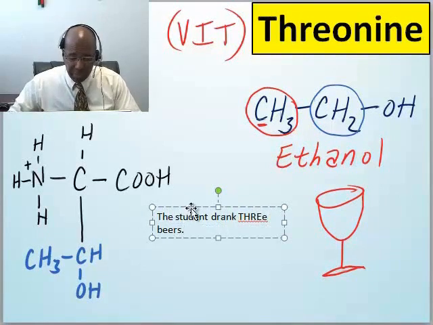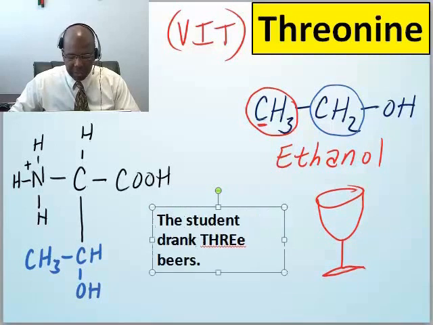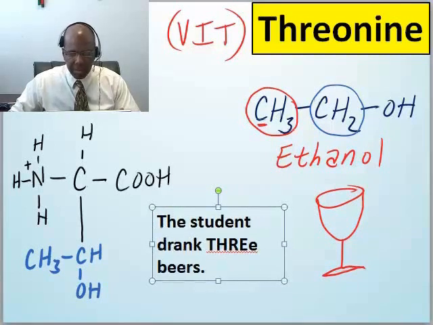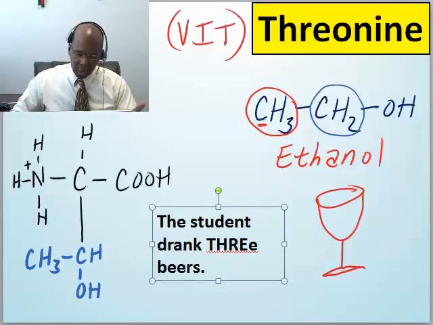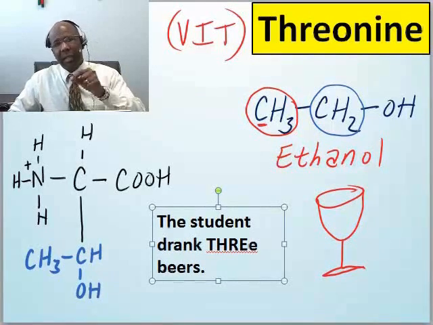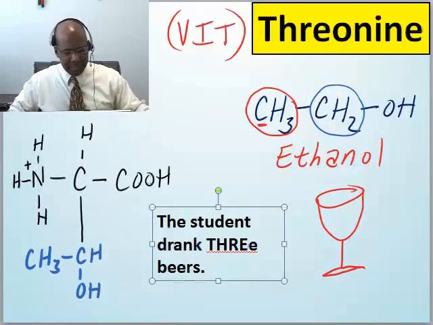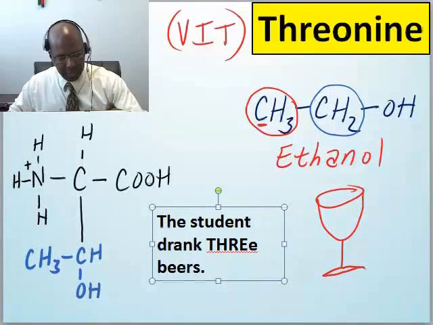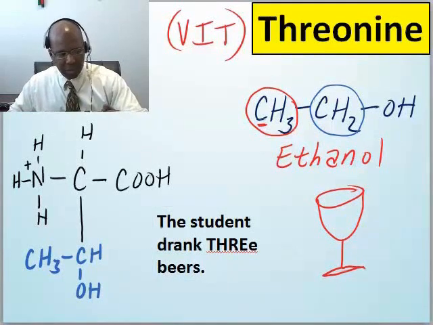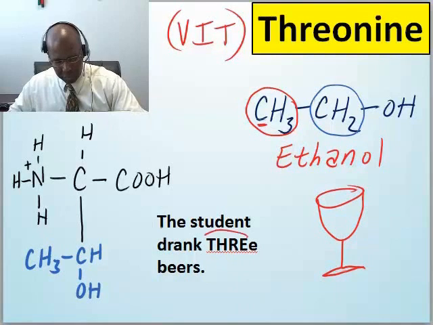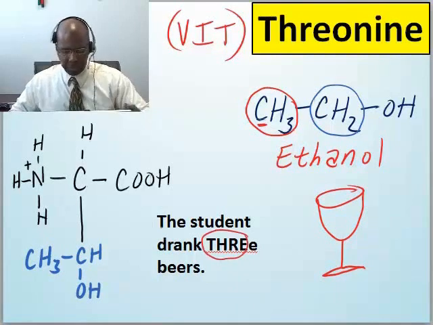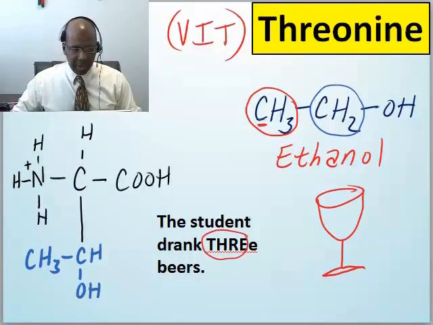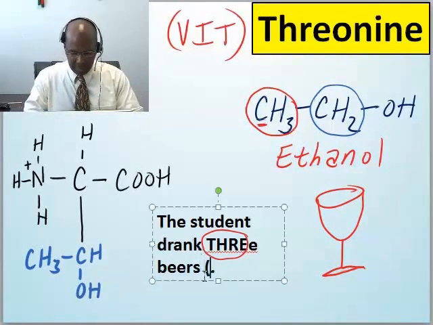And now you just have to remember, oh, okay, beer has ethanol in it. That is the alcohol in beer. And so you have to make that connection and say, oh, so 3 goes with ethanol. This one is a little tougher, but if you can remember, you're good. The student drank 3 beers, and beer has ethanol in it.